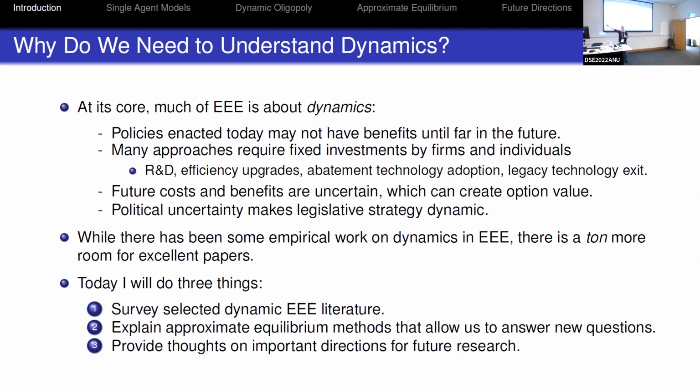And then they pay off beyond that, right? And so research and design, efficiency upgrades, abatement technology adoption, legacy technology exit, all of these kinds of things, how do we get transitions to new technologies, to new setups? It's all about dynamics, and dynamics end up being incredibly important, and there aren't enough people merging the dynamics with the questions.